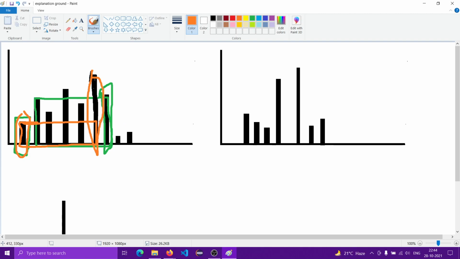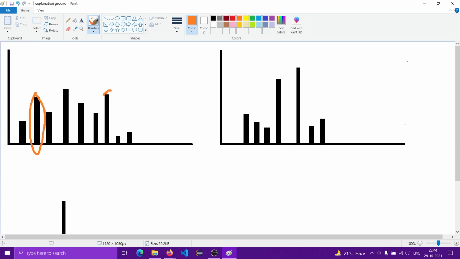So we should only move from the side with the lower height. So this one is obviously the lower height, so this one will move, and we come here to this point, and the right side is unchanged, we stay here only. Now we calculate the area that is covered in these two, and then match it with the previous maximum area that we had, and similarly we keep on continuing.